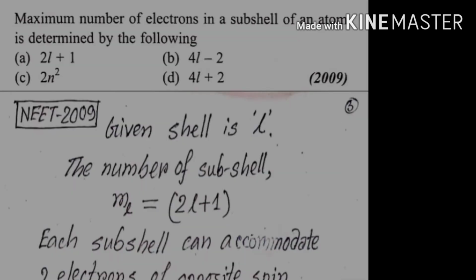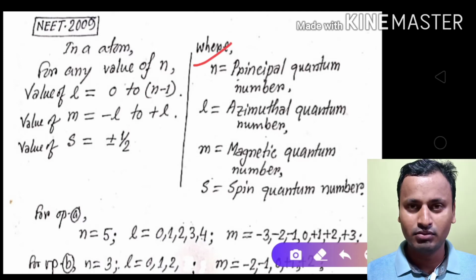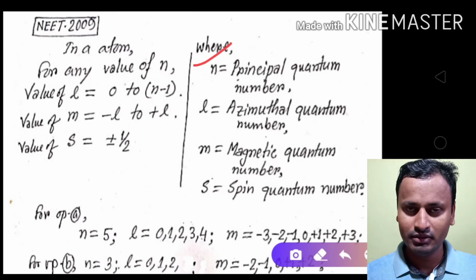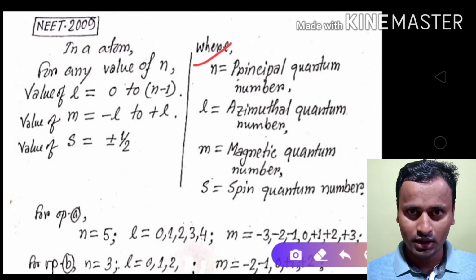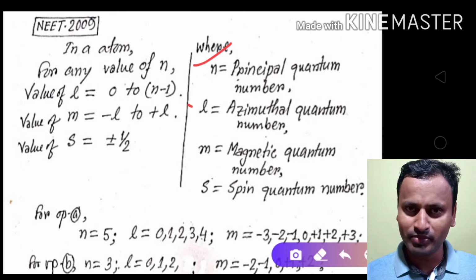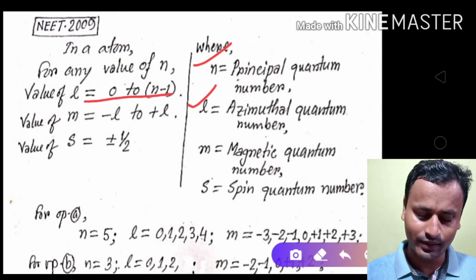Fourth question is, which of the following is not a permissible arrangement of electrons in an atom? Four options are there, which option is correct? Here four quantum numbers are given in every option, then we find out the not permissible quantum number set.